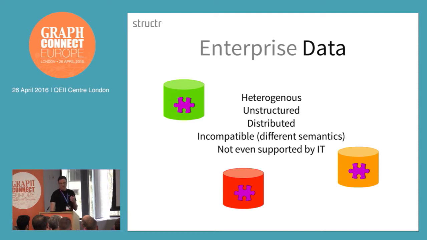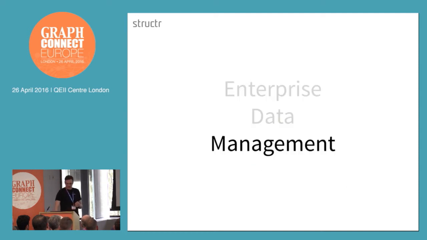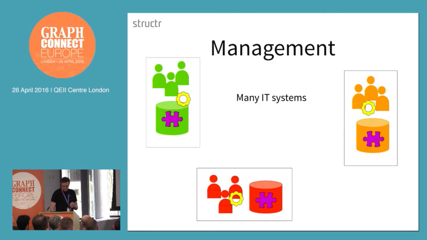Now, trying to manage this data, typically you create many IT systems. In a large company, you typically have dozens or maybe even hundreds of IT systems. For each different use case, you start with one IT system, and then another one comes, adding to the complexity of the overall IT landscape.